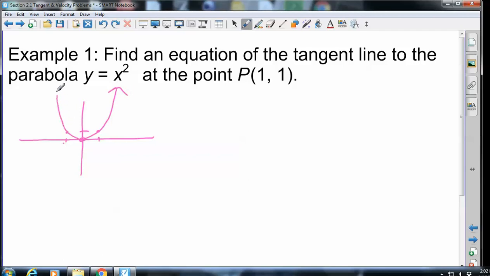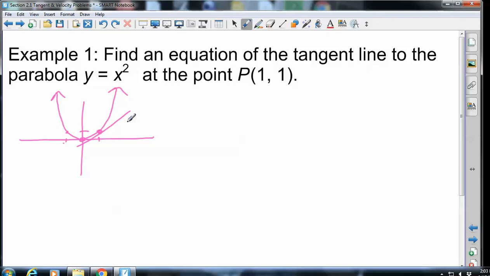Okay, and so if I drew the tangent line at this point, all I really know is it touches the graph at that spot. Is it going to have a positive or a negative slope? Positive. Do I know what that slope is? No. Can you find the slope of a line when all you have is a single point? No. So here's an issue.